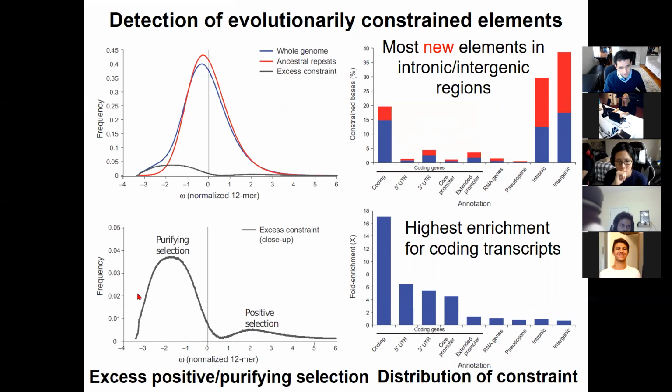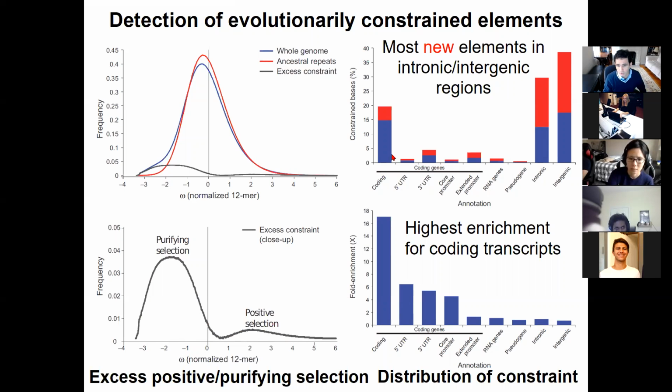And then that excess constraint has in fact two modes. One mode is purifying selection, that's excess purifying constraint. And the other one is excess positive selection, where there are new elements being discovered there, being evolved there.